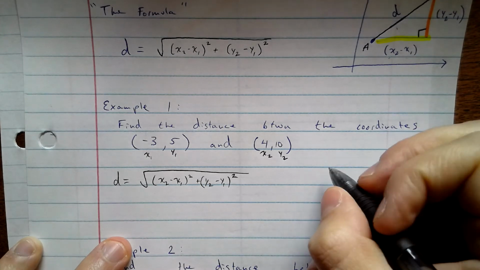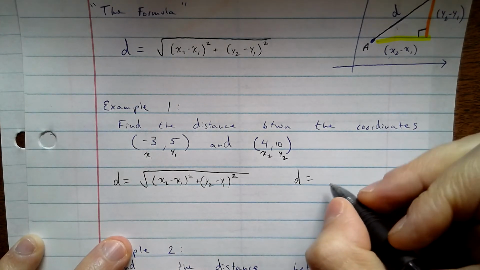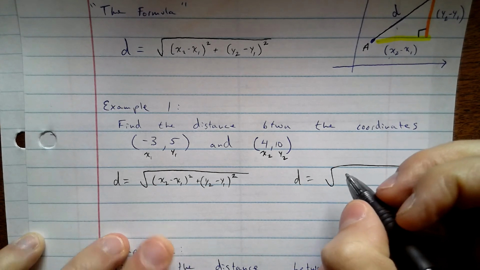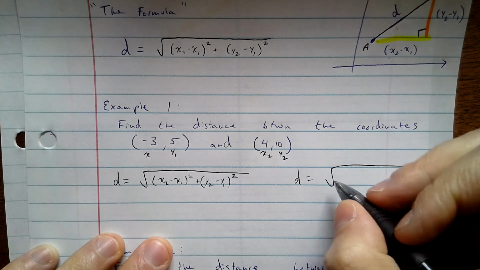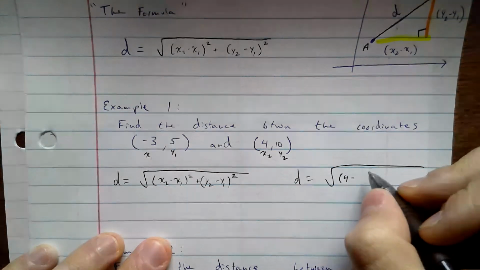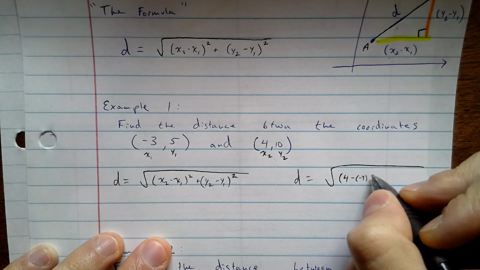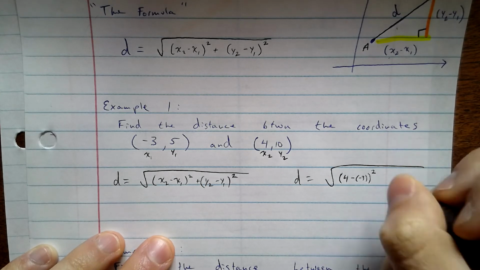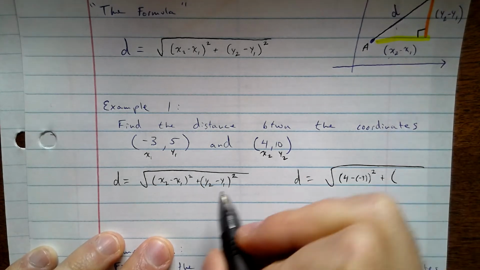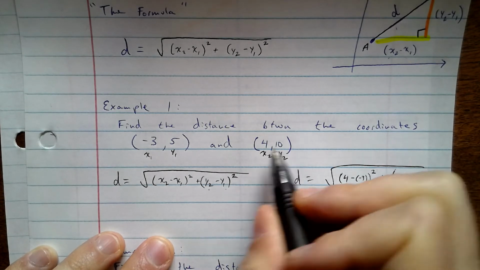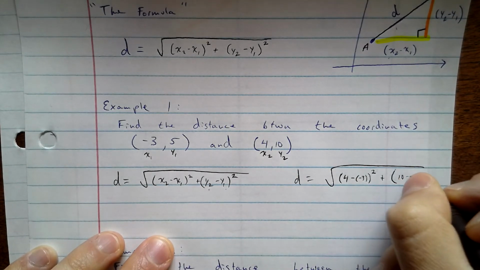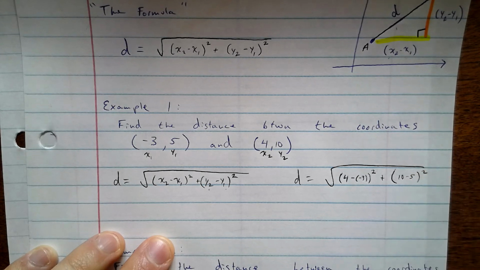So we've got distance equal to the square root of, well, let's do x2 minus x1. That's 4 minus a negative 3 to the second power plus y2 minus y1, 10 minus 5 to the second power.